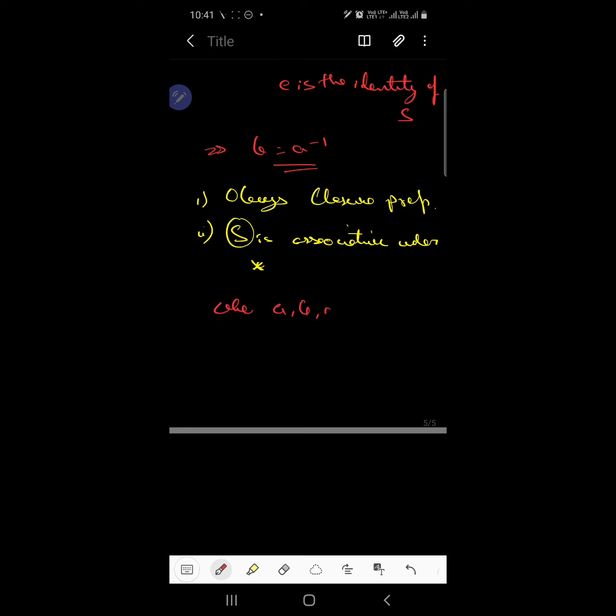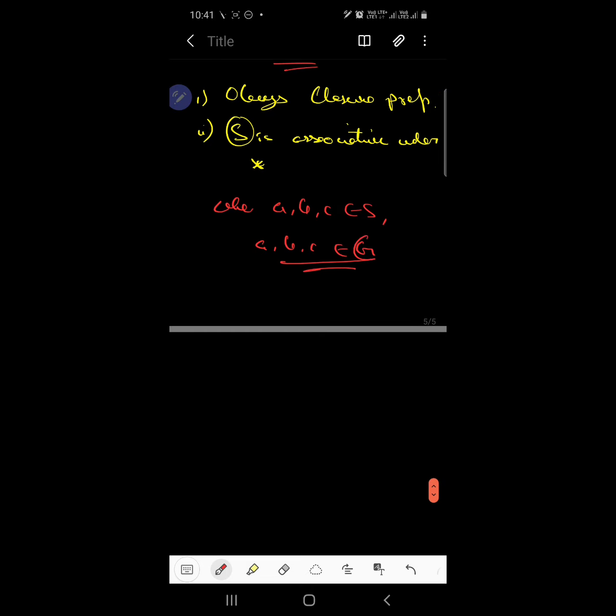When A, B, C belong to S, A, B, C also belong to G, right? Now G forms a group under star. That means A, B, C are associative under star when they belong to G. So they must also be associative under star when they belong to S, right?